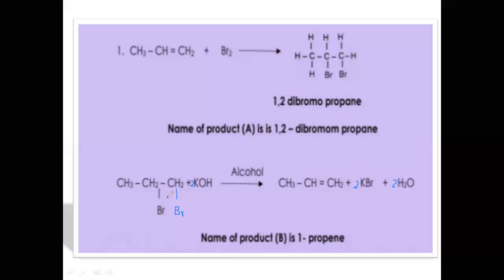Dehydrohalogenation means hydrogen from one carbon atom and halogen from second carbon atom will eliminate out with this potassium hydroxide to form potassium bromide and water, and the final product we will get is propene again, that is B is one propene. A is 1,2-dibromopropane, B, the reactant is propene, and the product also is one propene.